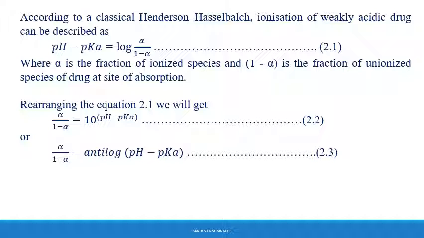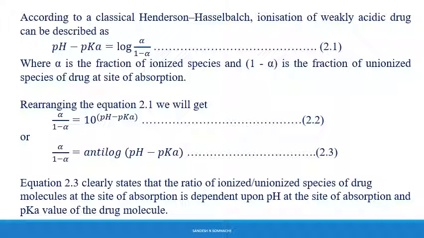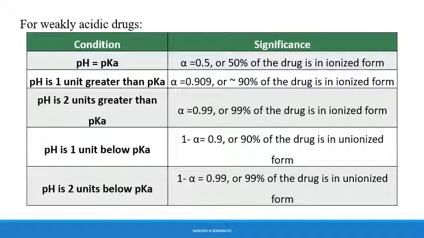From these equations, you can state that the ratio of ionized and unionized species of the drug molecule at the site of absorption depends upon the pH at the site of absorption and the pK value of the drug molecule. For a weakly acidic drug, when pH is equal to pK, 50% of the drug is ionized.